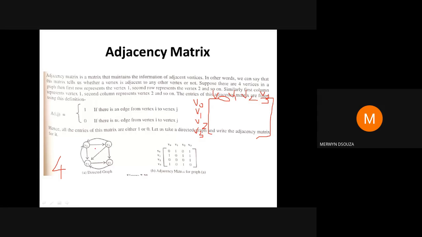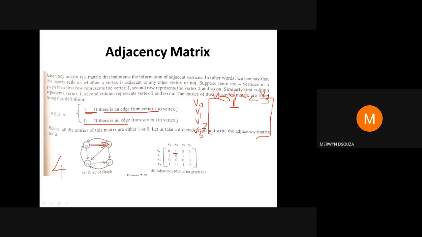Then you have to look at this graph. If there's an edge going from V0 to V1, you can see there's an edge going this way. Then you're going to locate that place, V0, V1, in your matrix, and put a 1 there. If there's an edge between those vertices, you put a 1, like it is said here.